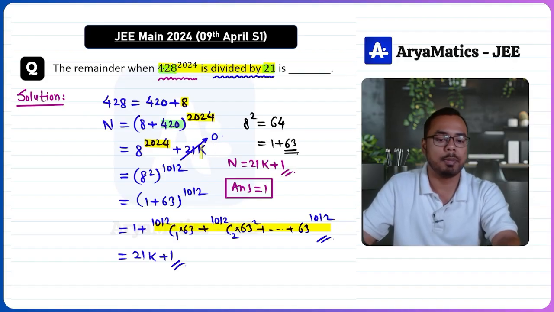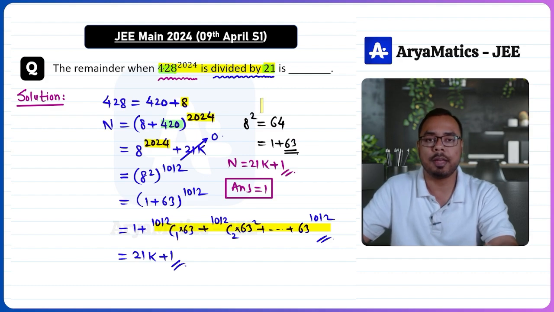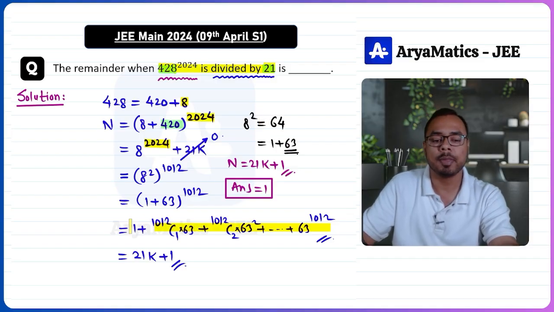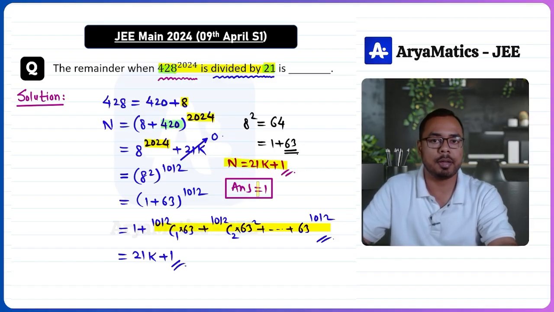So we can neglect multiples of 21 because we are dividing by 21. And now we had to see which power of 8 is either 21 plus or minus 1, or some multiple of 21 plus or minus 1. So 8 square is 64. 64 is 1 plus 63. So finally this number was a multiple of 21 plus 1. And if you divide by 21, the remainder will be 1.